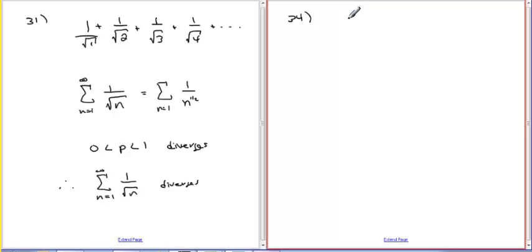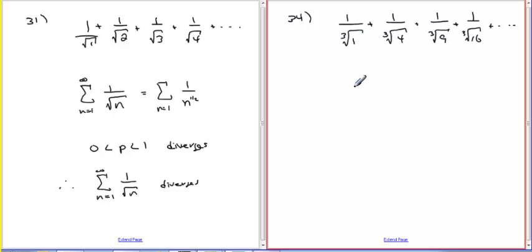In 34, we have 1 over, well, actually 1, we'll rewrite that in a second. So then we get 1 over the square root, or cube root of 4 plus 1 over the cube root of 9 plus 1 over the cube root of 16, etc. So the first term is the cube root of 1.